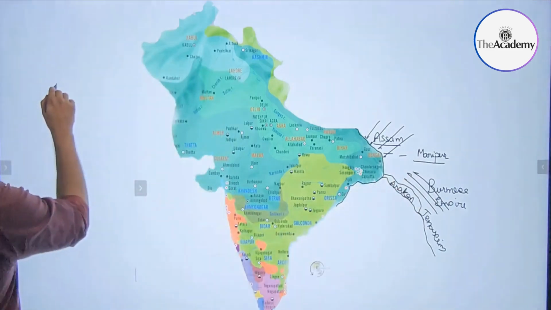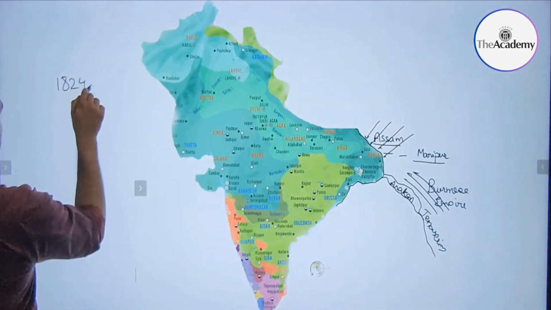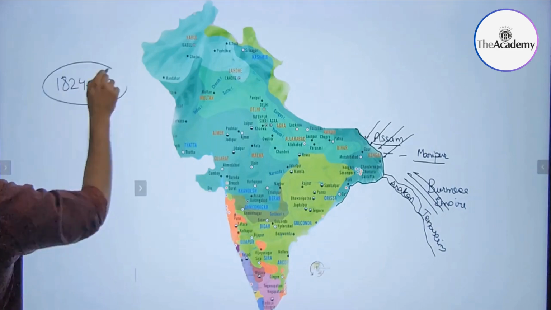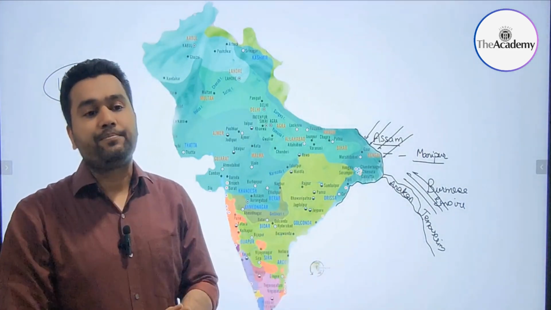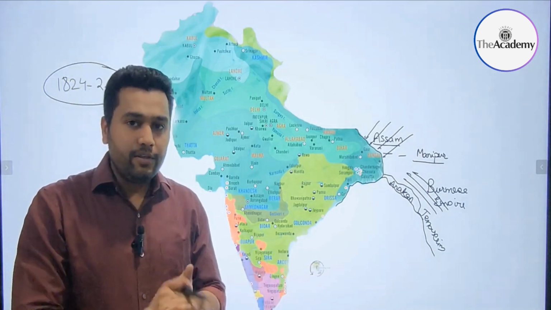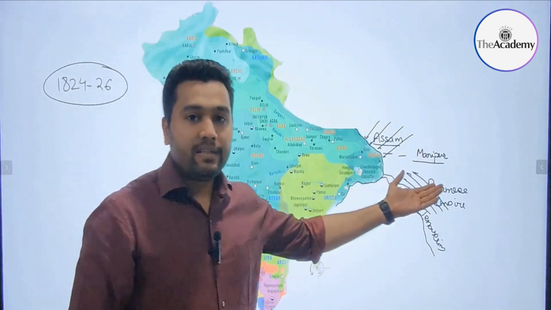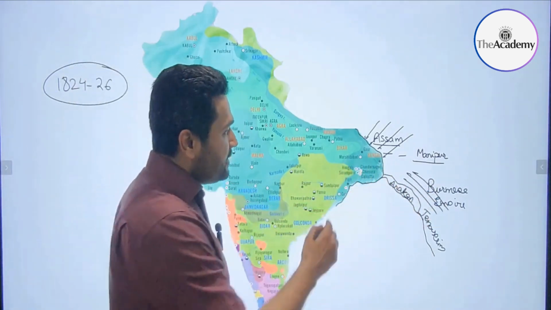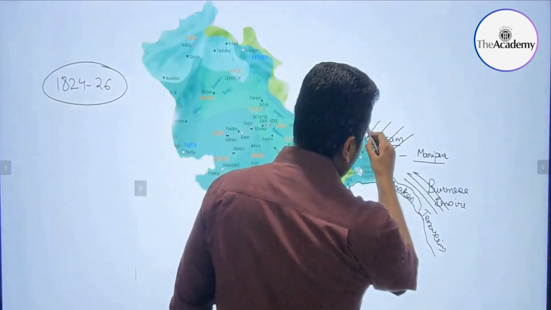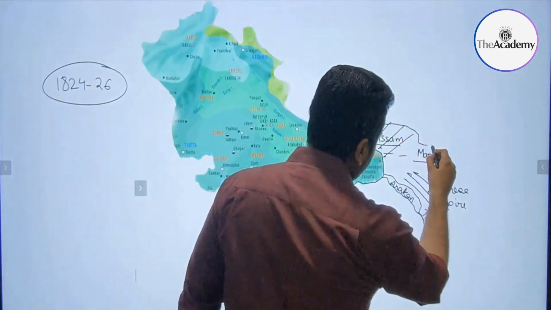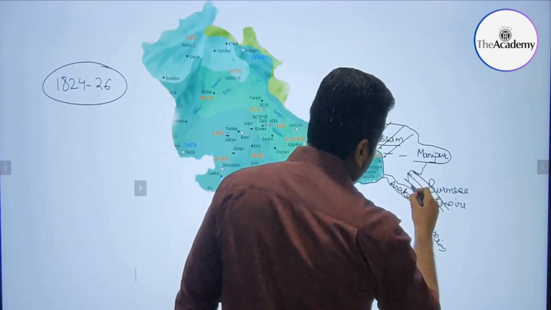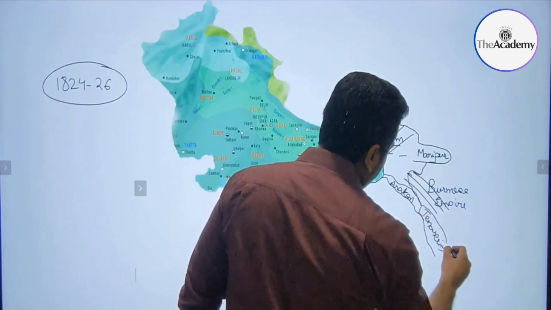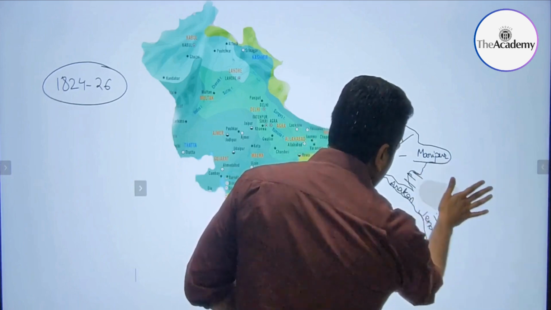So from 1824 till 1826, we saw the British declaring war on Burma. And in this war, the Burmese lost. And this led to the British acquiring Assam, Manipur, Kachar, Arakan and the Tenasserim region.